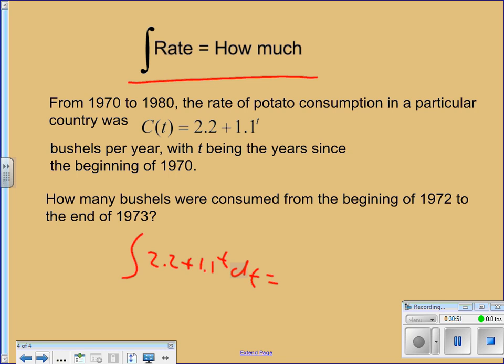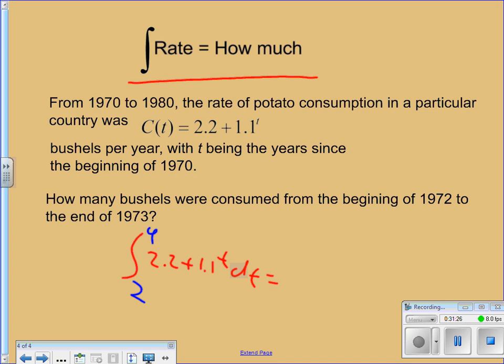From 1970 to 1971 is 1 year, and to the beginning of 1972 is 2 years. So our lower bound is 2. Our upper bound is the end of 1973, which is the beginning of 1974, so it's 4. If it was the beginning of 1973 it would be 2 to 3, but it's the end of 1973. So 2 to 4.